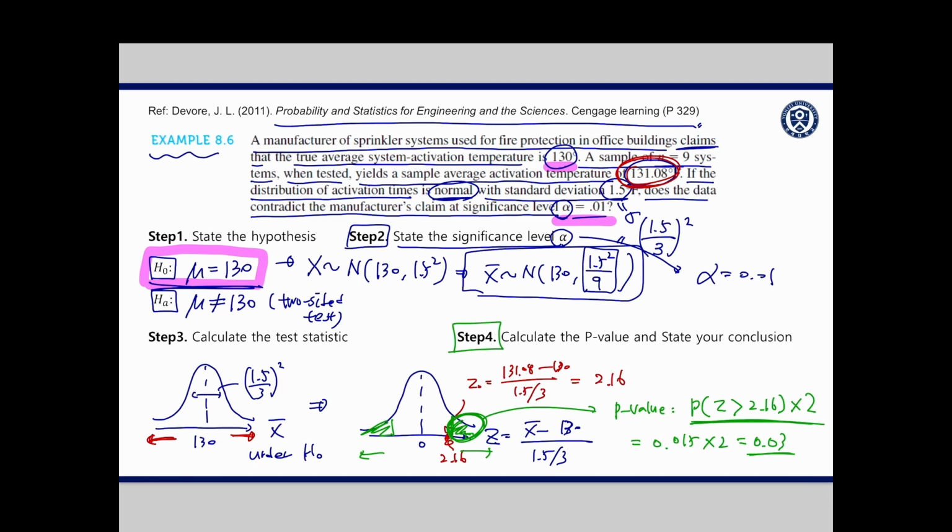Okay. So since the p-value is larger than the significance level alpha equal 0.01, we fail to reject the null hypothesis. In other words, there is not sufficient evidence at the 0.01 significance level to reject mu equal 130.